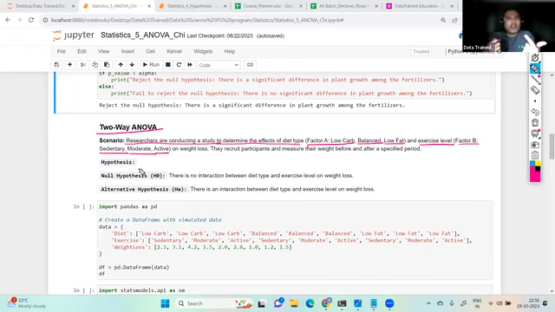Sedentary, moderate, or active, on weight loss. Researchers are conducting a study to determine the effects of diet type and exercise level on weight loss. It is very simple to understand.